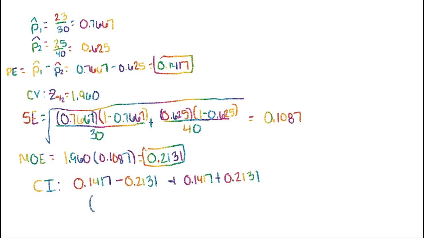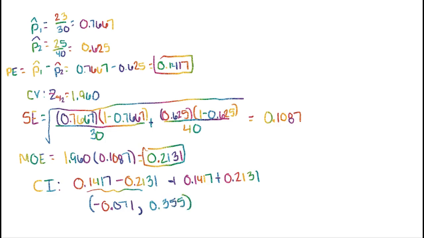When I calculate those in my calculator, this gives me negative 0.071, comma, instead of the and sign here. And adding those together gives me 0.355.